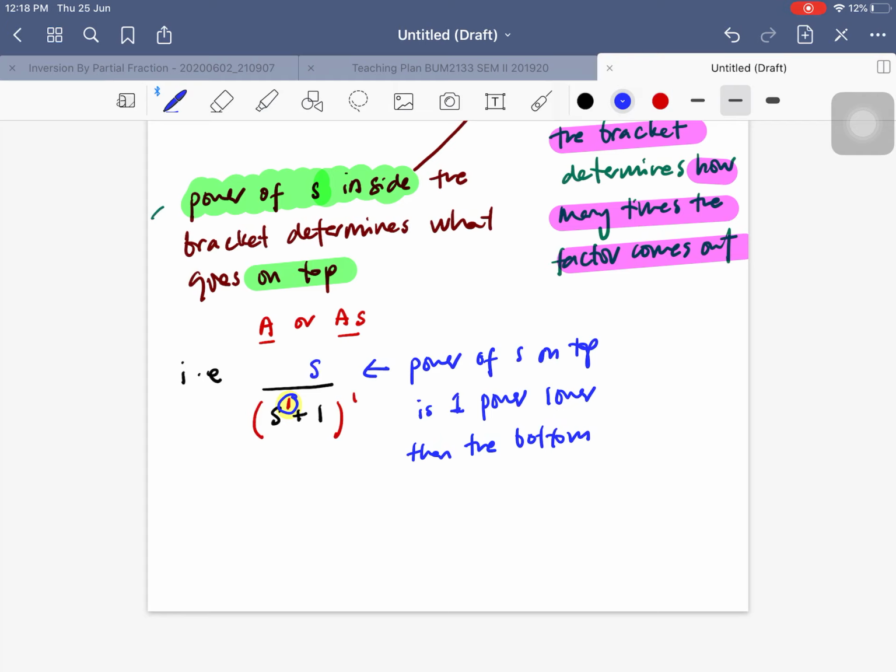Automatically at the top is going to be s to the power of 0, and the s to the power of 0 is going to be multiplied by a constant. You can use a, b or c, or whatever you like to choose from a until z, as long as the power of s on top is 1 power lower than the bottom. So here is going to be s to the power of 0, and of course I can simplify this, because we know that s to the power of 0 is simply 1. So this is going to be a multiplied by 1, which is a over s plus 1. That is how we determine what is going to go on top.